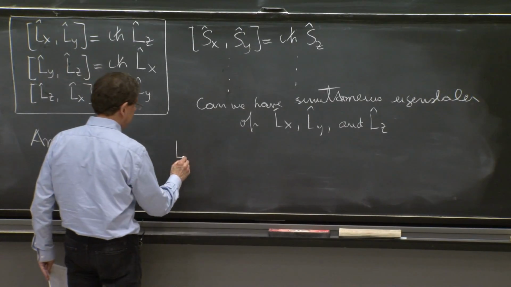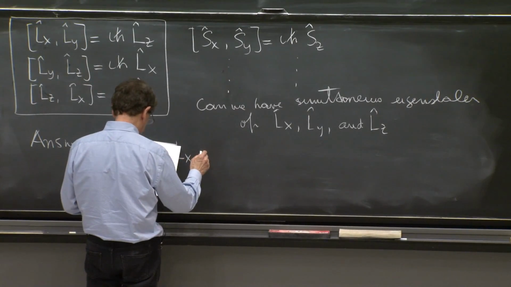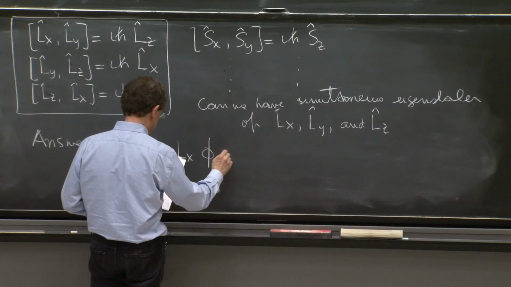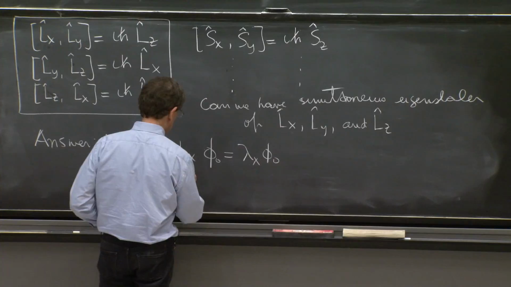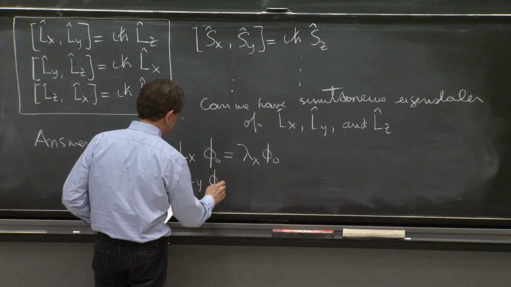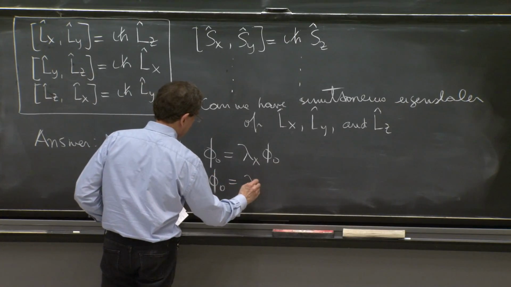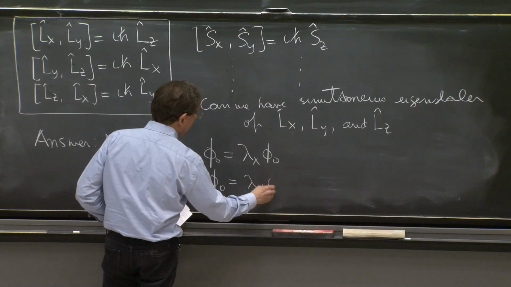And let's assume, for example, that Lx on that eigenstate phi naught is some number lambda x phi naught, and Ly on phi naught is equal to lambda y phi naught.